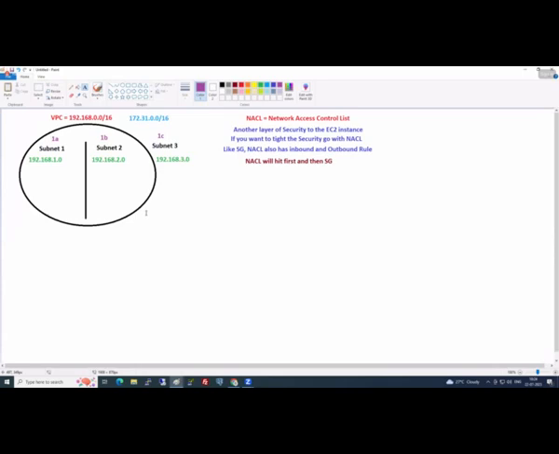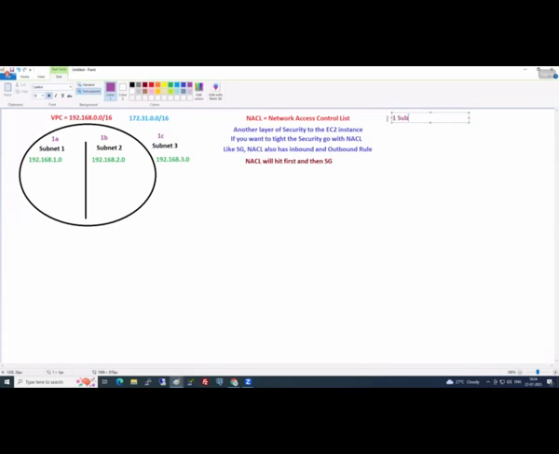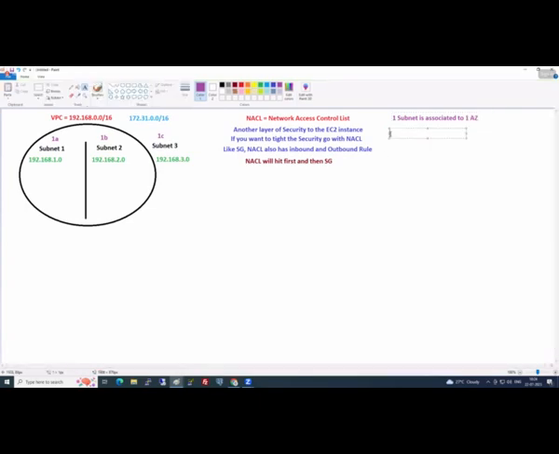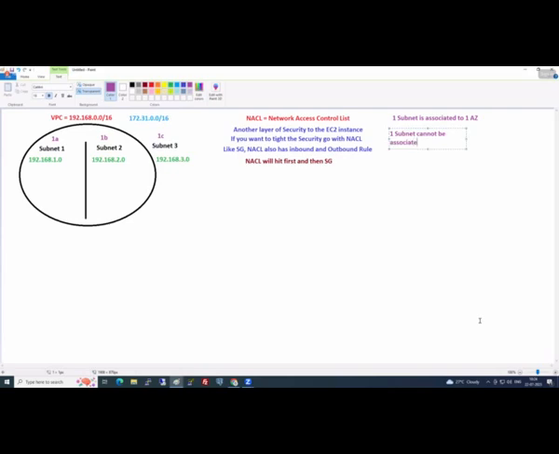Answer is no. So first one, I'll write it here. One subnet is associated to one availability zone. And one subnet cannot be associated to multiple availability zones at the same time. Very nice.